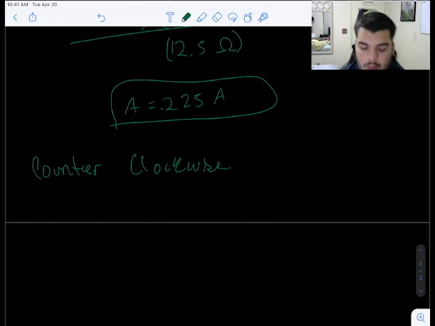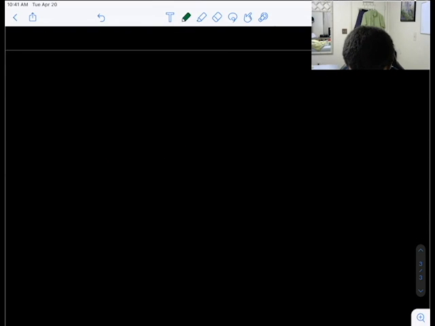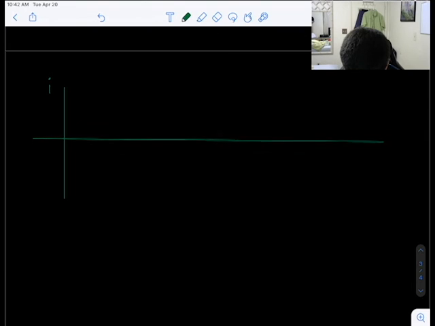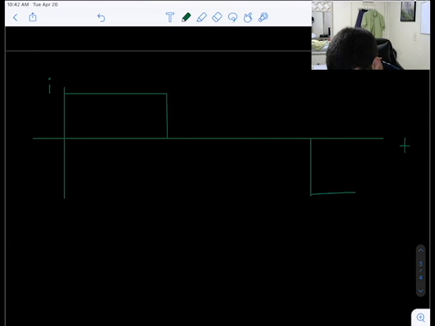So I feel like the graph should be, well, this is I, and this is T. So we will have something like this, and then something like this, opposite.